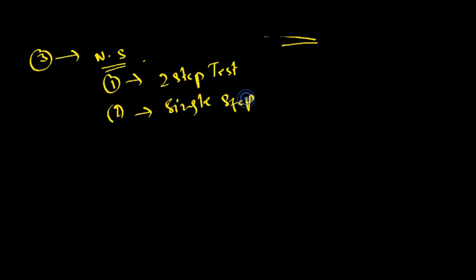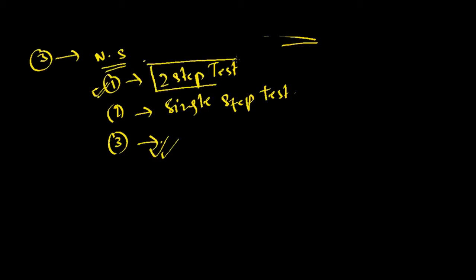I hope you remember those tests, because if you want to excel in linear algebra, these are the things you should remember. The third was a very simple condition that came from the two-step test. The two-step test is a kind of foundation on which the single step test and the third condition have been generated. So we'll use the single step test.